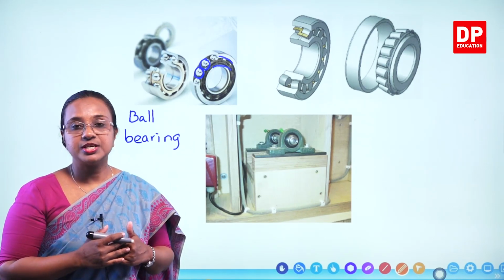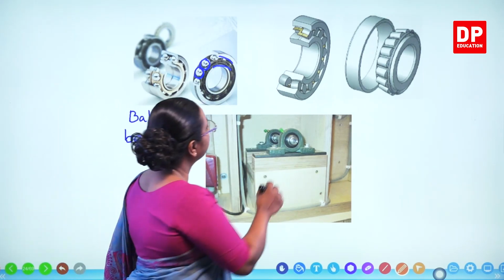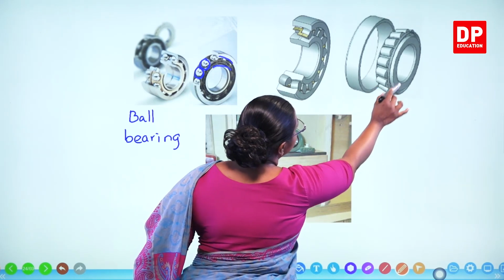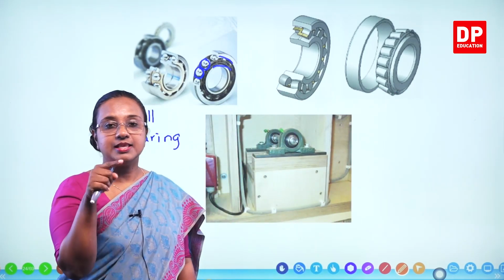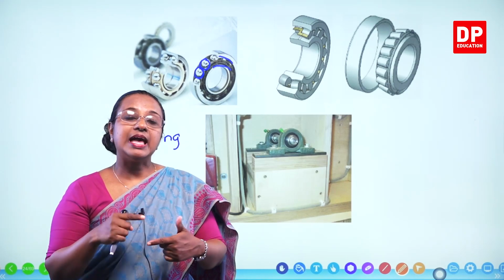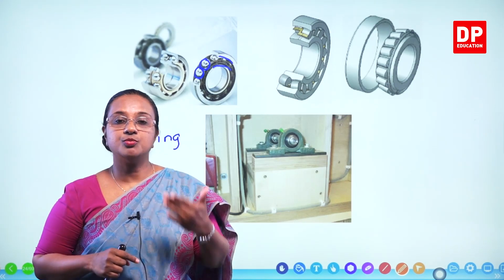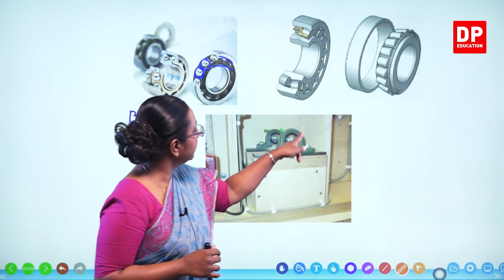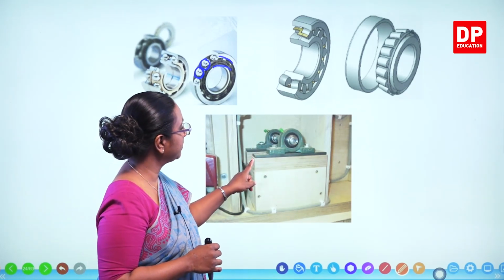That reduces friction. Here you can see roller bearings like small barrels. The rollers also help the contact surfaces to move easily one on top of the other. And here you can see a part of a machine.